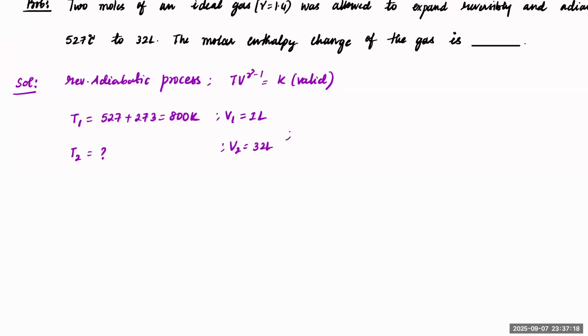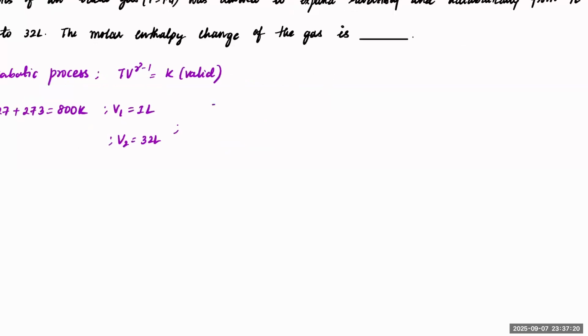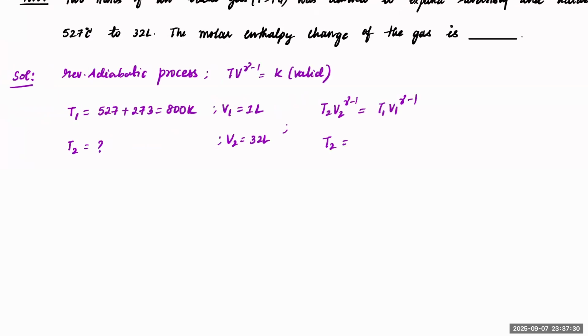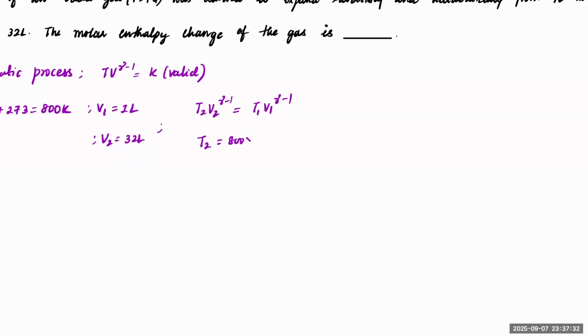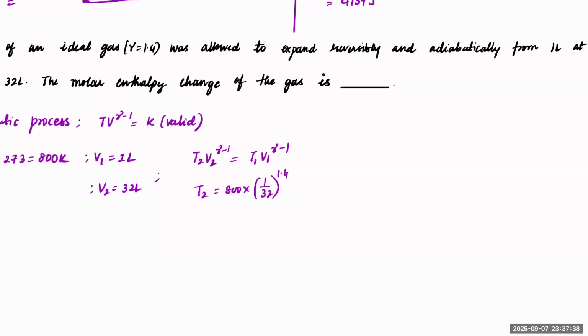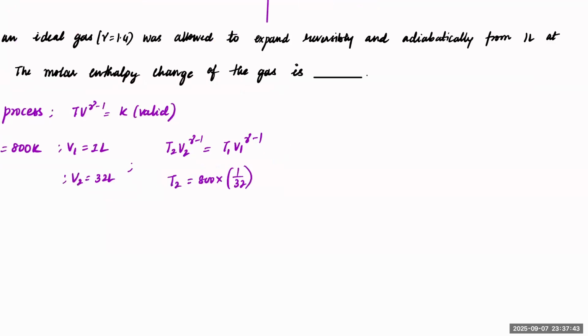So I can write T2 V2 raised to power of gamma minus 1 is equal to T1 V1 raised to power of gamma minus 1.